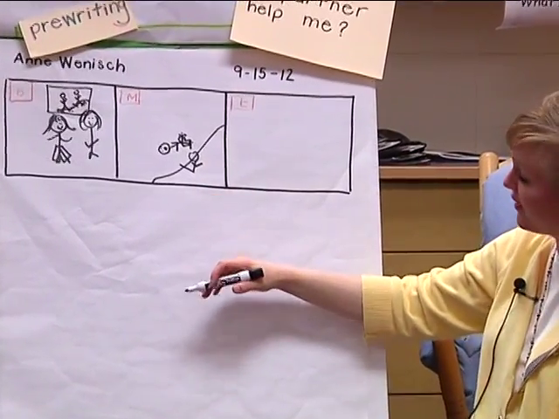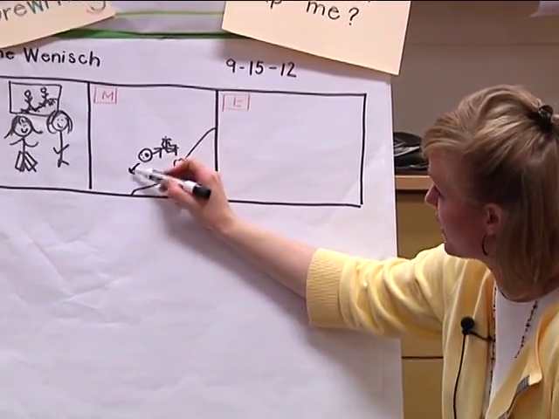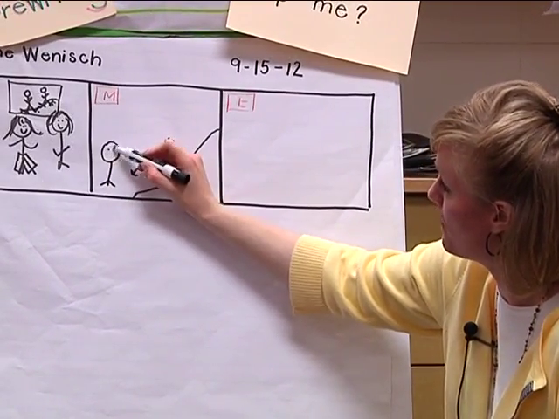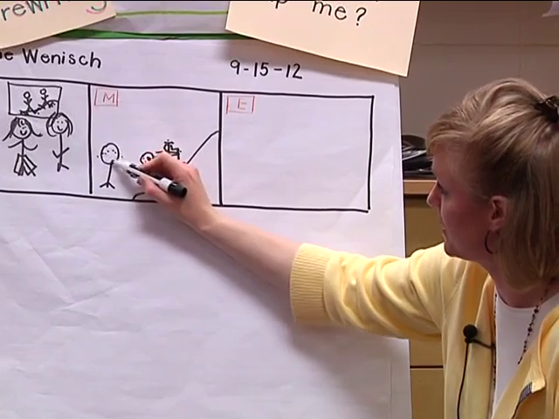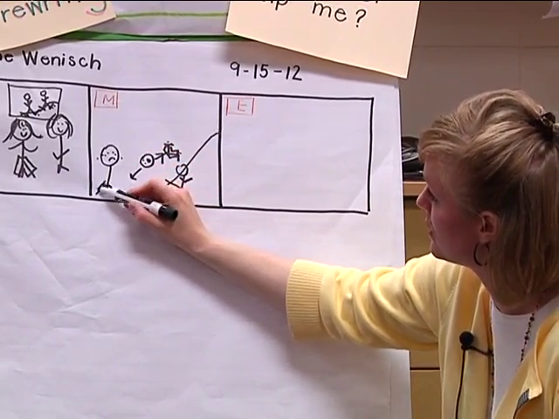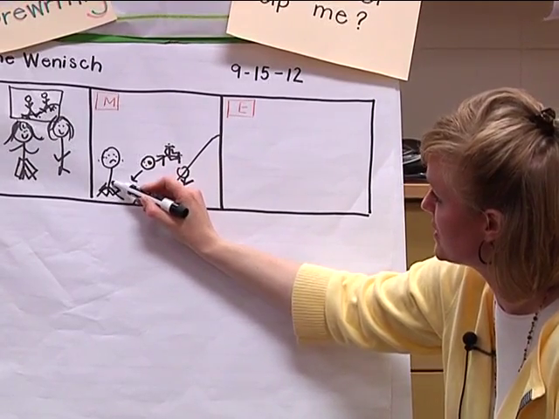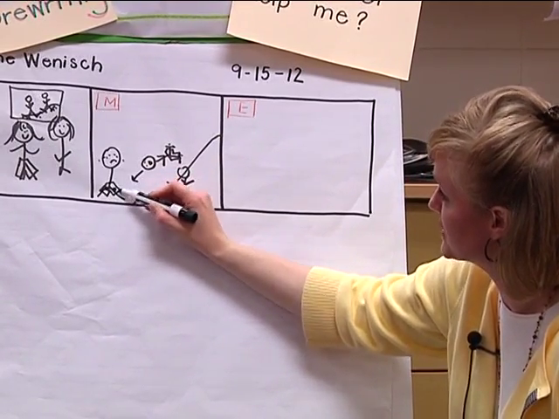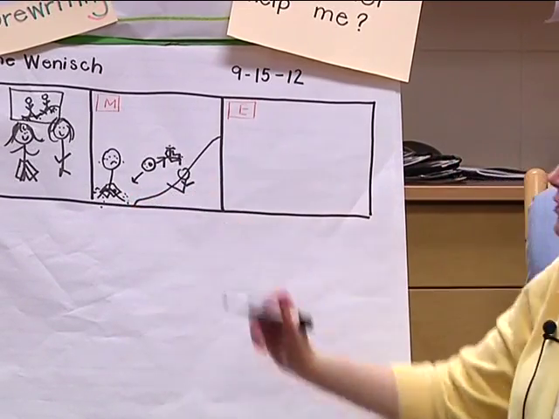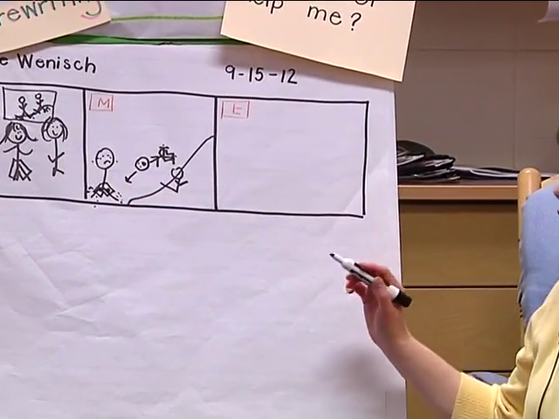But I fell, and I ended up, and I'm going to draw an arrow, getting up, and oh my gosh, I was sobbing. My jeans had holes in both knees, and they were bleeding all over the place. Oh my gosh, it was horrible.